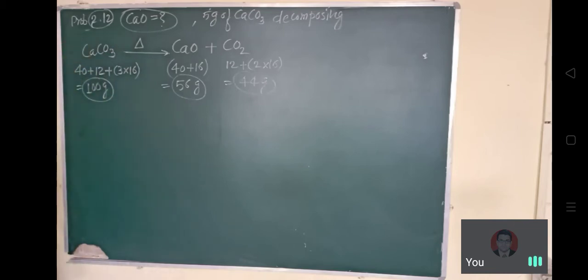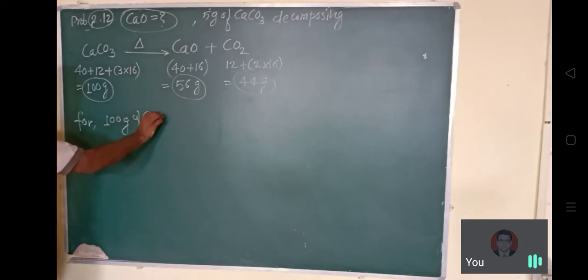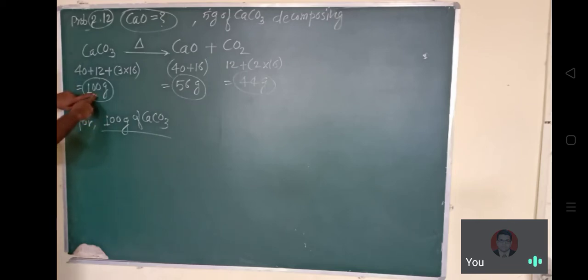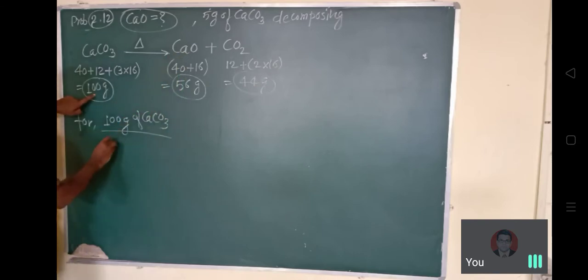So now we can find the answer with the help of a relation. We know that 100 grams of CaCO3, when it gets decomposed, gives rise to 56 grams of calcium oxide. So we write here that 56 grams of calcium oxide is formed.